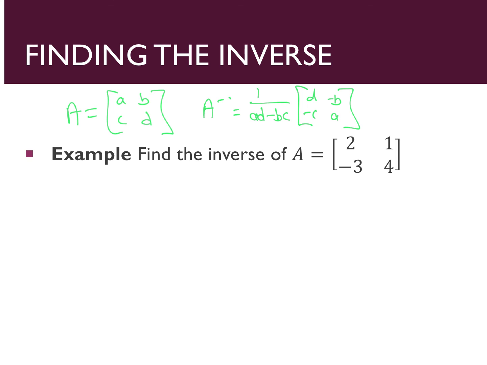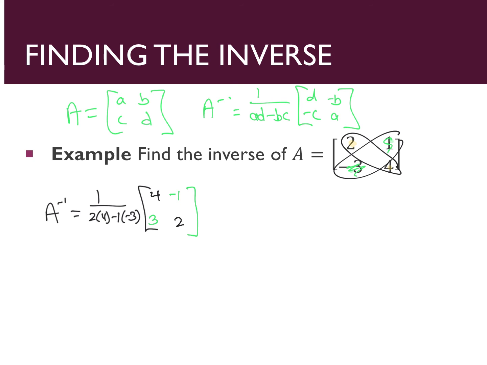So right away, we know the inverse of our matrix. We'll do 1 over 2 times 4 minus 1 times -3, and then we'll switch the position of A and D, 2 and 4. And then we'll change the signs of the -3 and the 1.